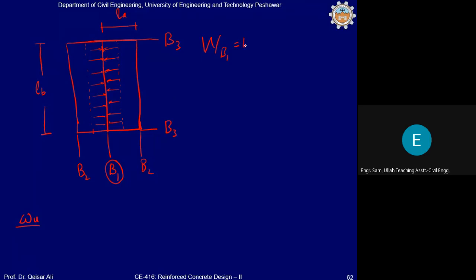So this will be equal to wu into LA by 2 into 1, plus, because this distance is LA by 2 and this distance is also equal to LA by 2. So this is from one panel, plus wu LA by 2 multiplied by 1. This is from the second panel. Okay.